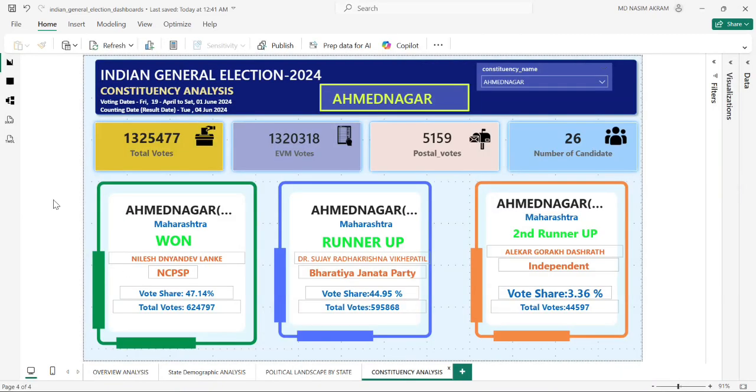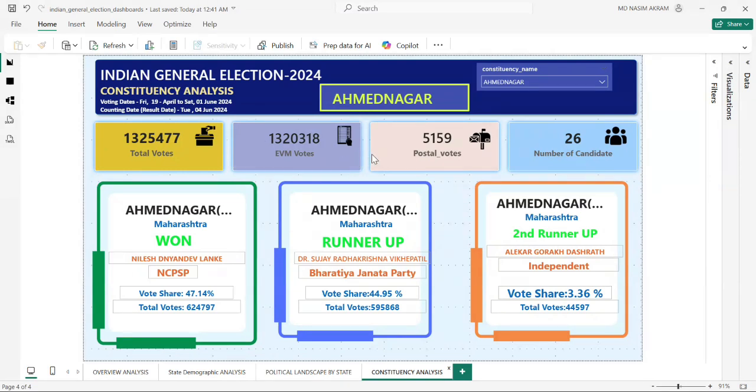All right, so now we are on the last dashboard, where we have been analyzing at the level of constituency. That's why this dashboard is named the constituency analysis. Here we have some important KPIs to monitor. The first KPI is the total number of votes that were cast in that constituency, and then we have the votes cast through the EVM, out of the total votes.